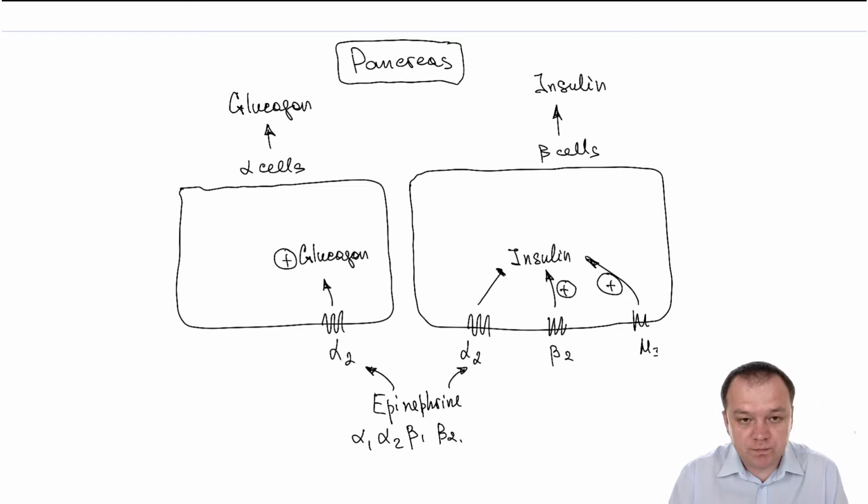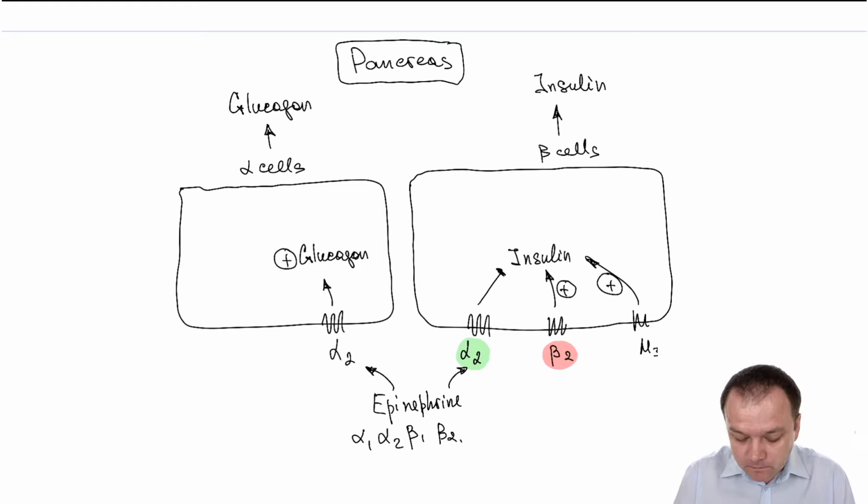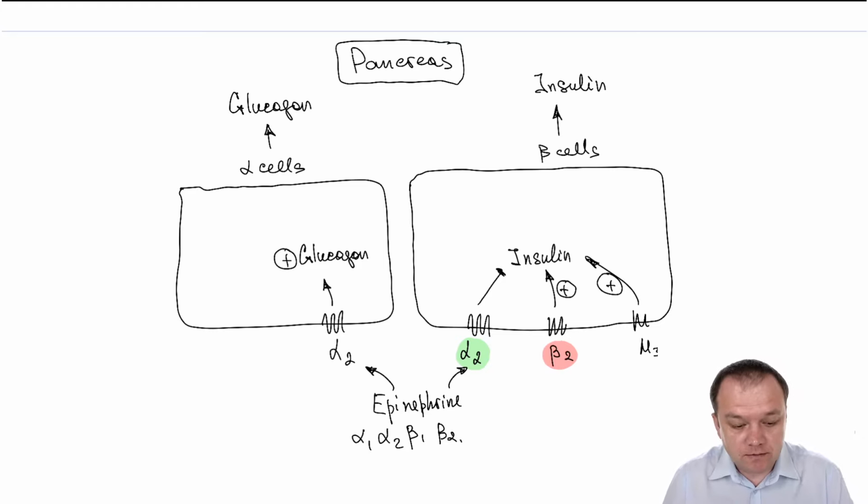But in case of beta cells, epinephrine acts preferentially on alpha 2 receptors and less likely on beta 2 adrenergic receptors. So the final effect is an inhibition of insulin production.